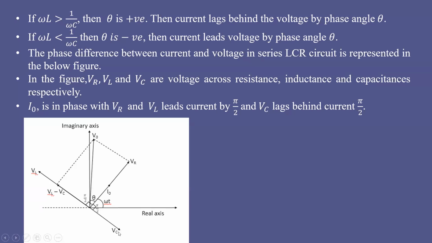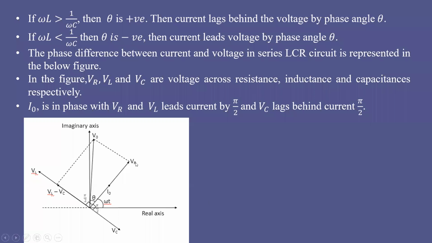They are opposite to one another. They have a total phase difference of 180 degrees because the inductor introduces plus j phase difference and the capacitor introduces minus j phase difference. It introduces plus pi by 2 phase difference and the capacitor introduces minus pi by 2 phase difference.